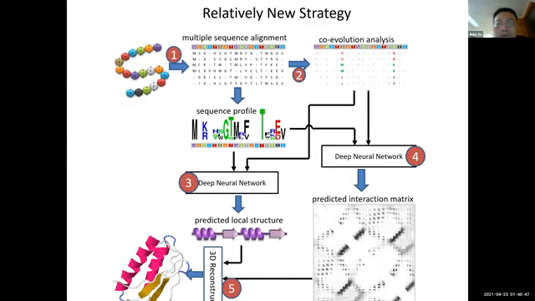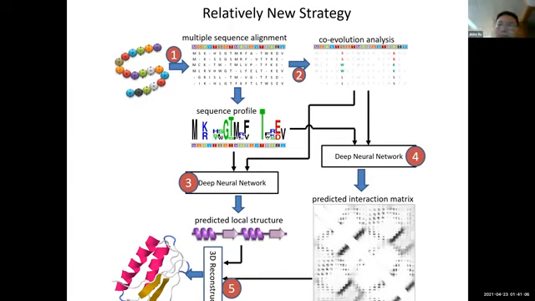Then we feed this predicted information, the predicted interaction matrix and also the predicted local structure, into an optimization engine to build the 3D coordinates. So this is a relatively new pipeline used for template-free modeling.